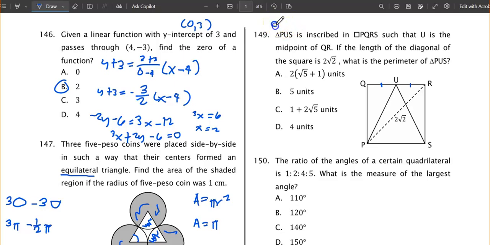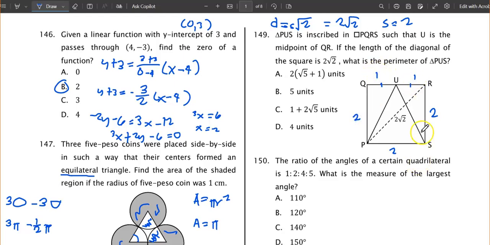So remember, the diagonal of the square is given by S root 2. Since that is equal to 2 root 2, your S will be 2. So the side length of this square is 2, 2, 2, and this is 1, this is 1.